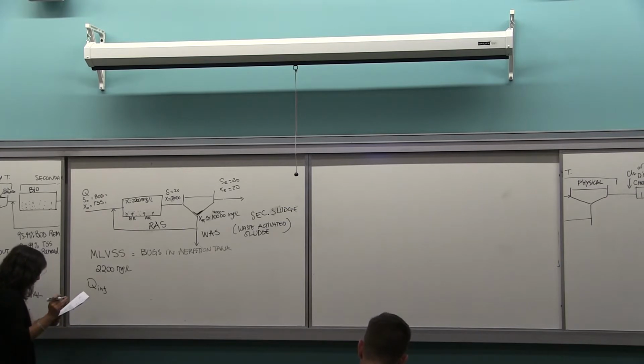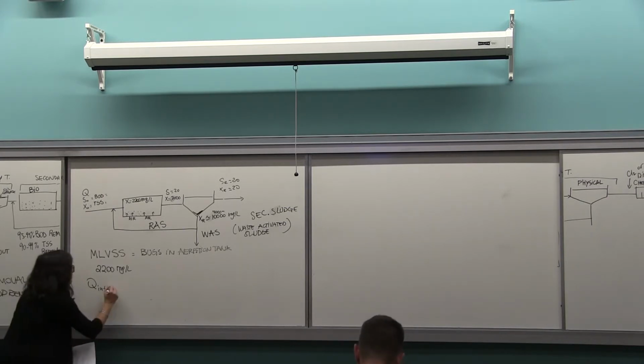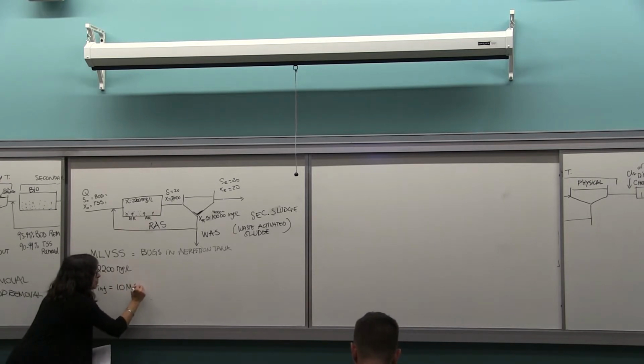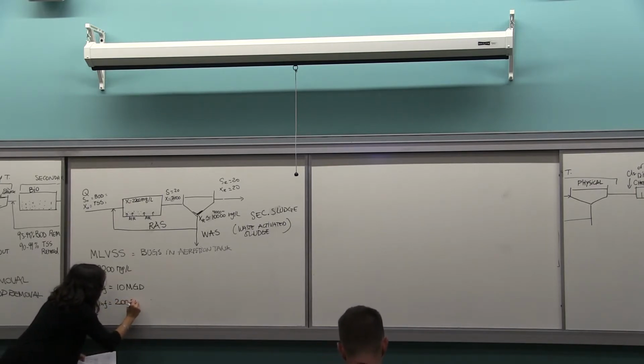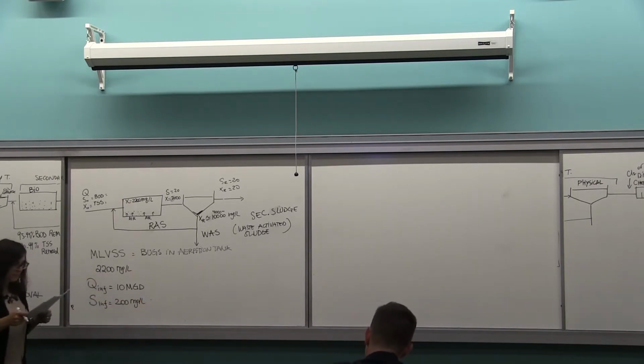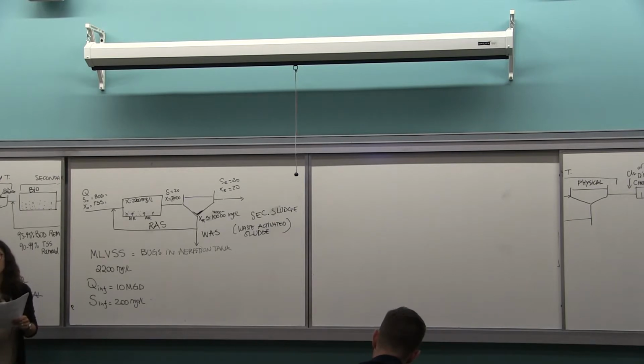The flow rate is 10 mgd, a 10 mgd plant. S influent is 200 milligrams per liter, of which 35% is removed in primary clarification.